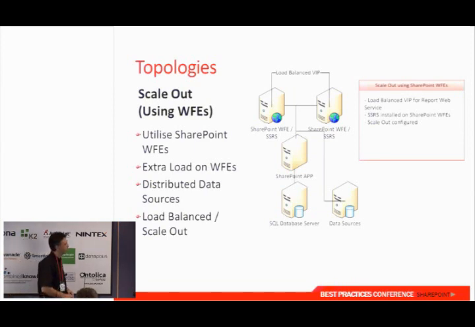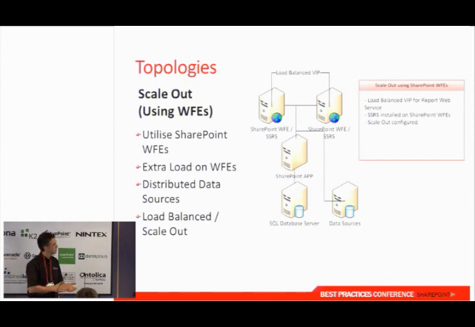I've also seen this quite common as well, where 2 instances of reporting services are added to your web front ends. So your web front ends are running the web front end role and the reporting services role and incoming email, and that's it.